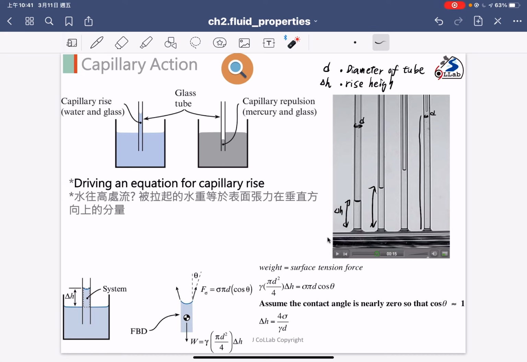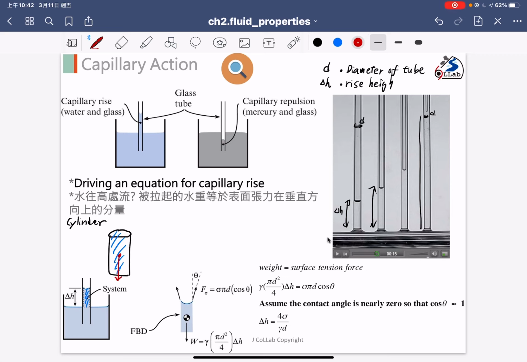We know this is the water column. First, we assume the water is a cylinder, the rising column.